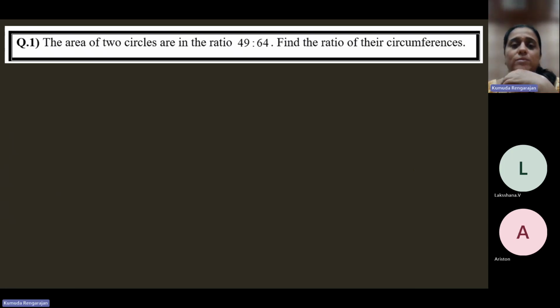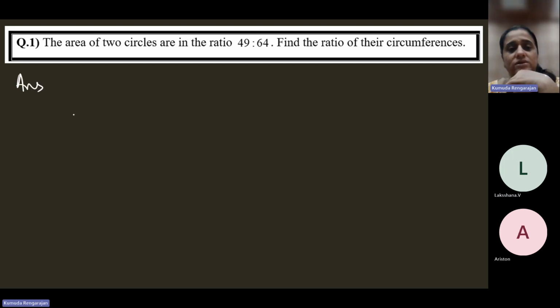Yes, Ariston, what's the formula to find the area of a circle? Lakshana, formula to find the area of a circle? Pi r square. So what is given here?